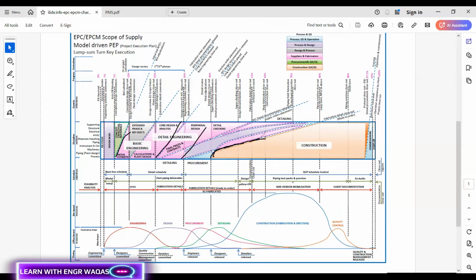With the passage of time, construction work is at its peak, and procurement is also on the way. Everything is overlapped. As-built means whatever has been built is documented, so that in future it can help operation and maintenance, or serve contract purposes.